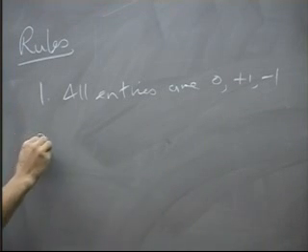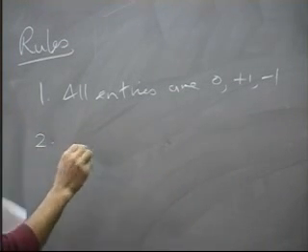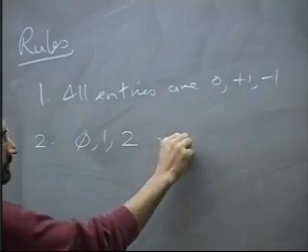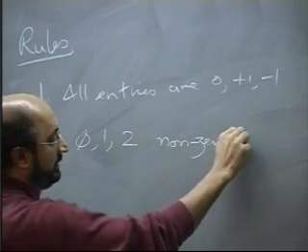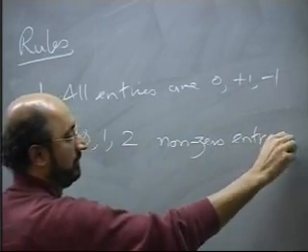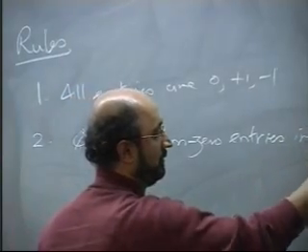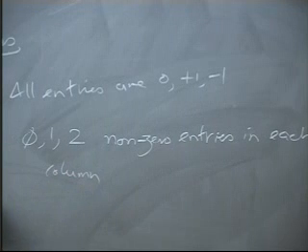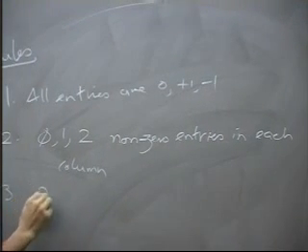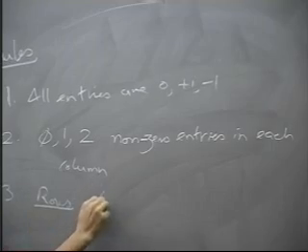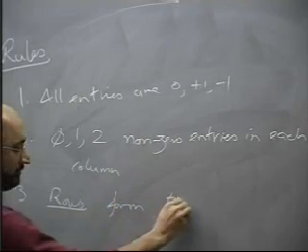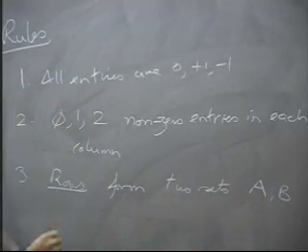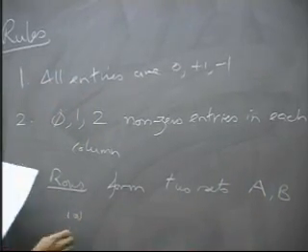The second thing is that there are either 0, 1, or 2 non-zero entries in each column. And 3, the rows form 2 sets, and just call them A and B, and they follow this. This is a sub rule here.